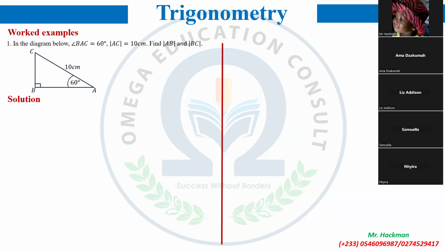Yes, sir. Okay, so now this is what we have. The question is asking us to find the length of AB. In terms of this triangle, what will this side be?